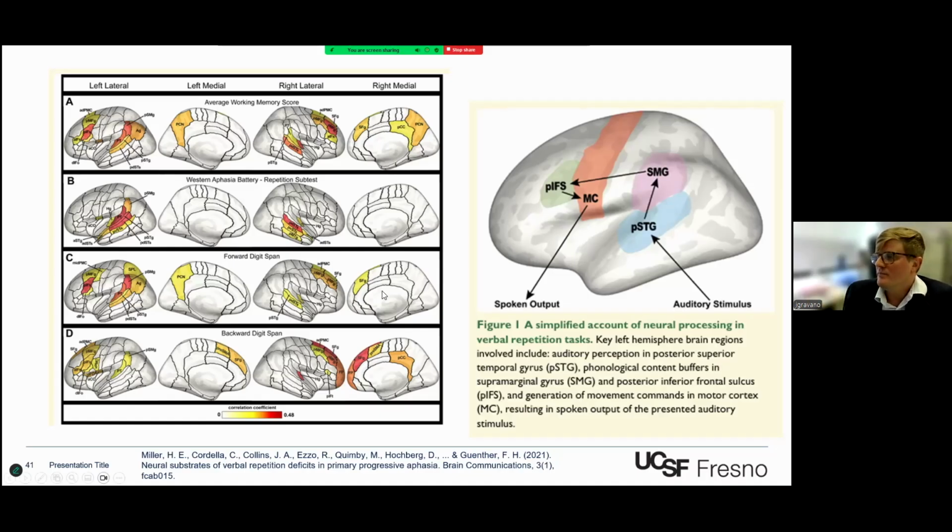So you have in this article a good model of what might be used for simple repetition, including presumably the underlying white matter tracts that connect these regions for efficiency, but a little bit of a difference in things that you might expect, right? Forward span has a superior temporal and some frontal regions. Backwards has a bit more frontal involvement, which implies more of that executive working memory component.